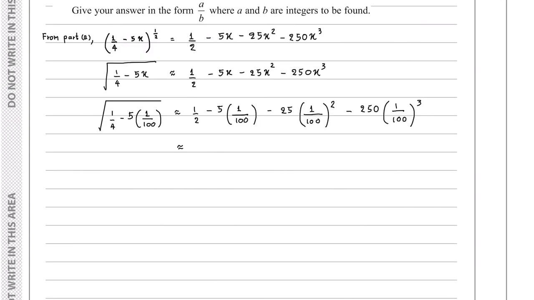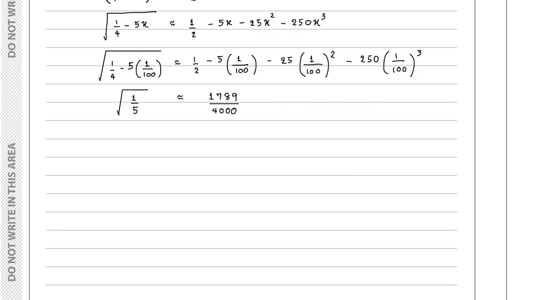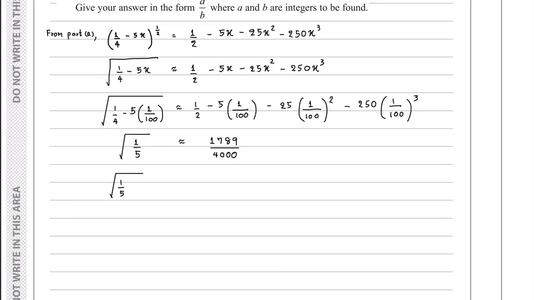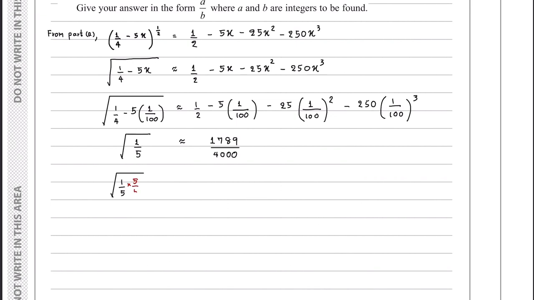And then we simplify both sides. For the left-hand side, we can simplify it to 1 over 5, and on the right-hand side, it will be 1789 divided by 4,000. And then we have to rearrange the term on the left-hand side to be something in terms of square root 5. The first term is 1 over 5. We can multiply 5 over 5 here to make it 2 square root of 5 over 25.